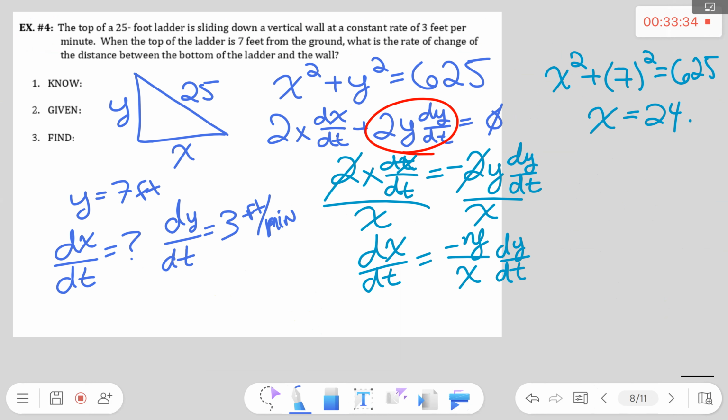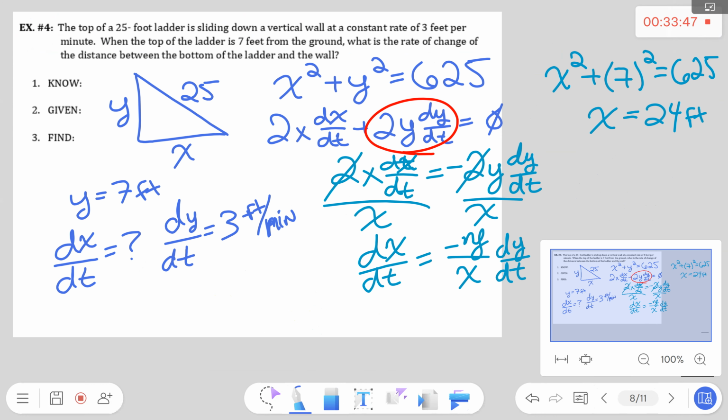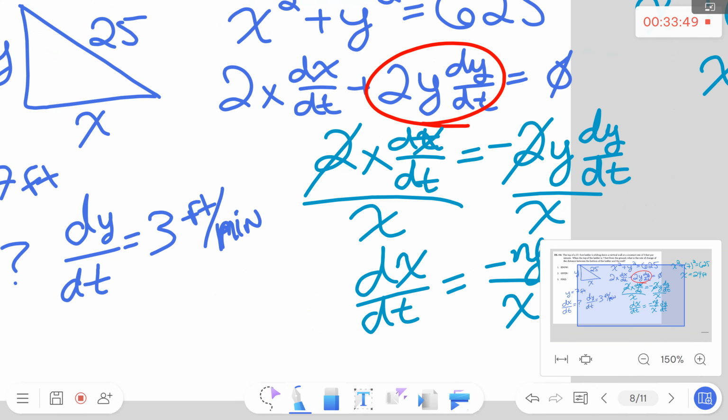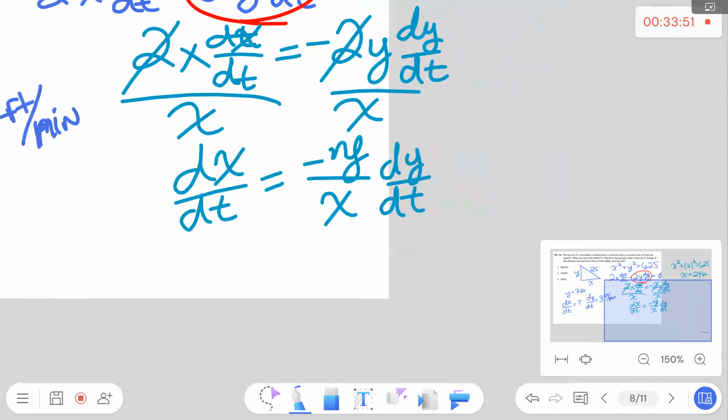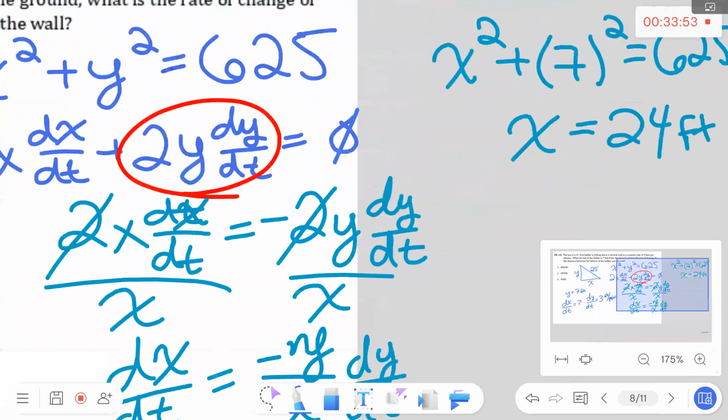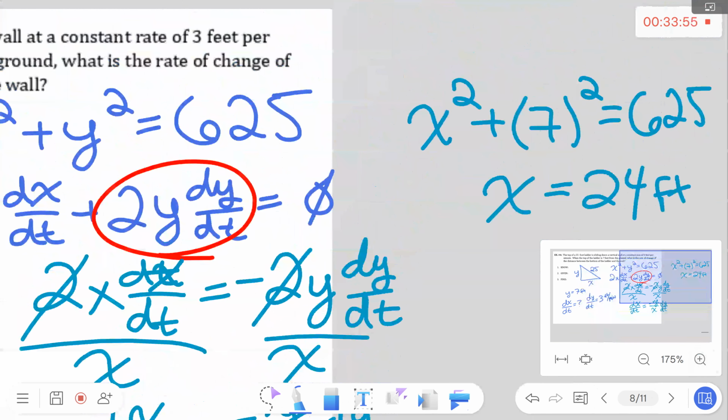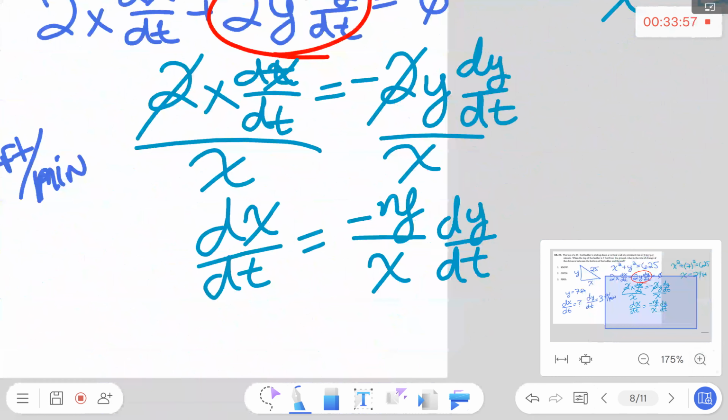And that is feet. Now we can evaluate, because we got all our pieces.